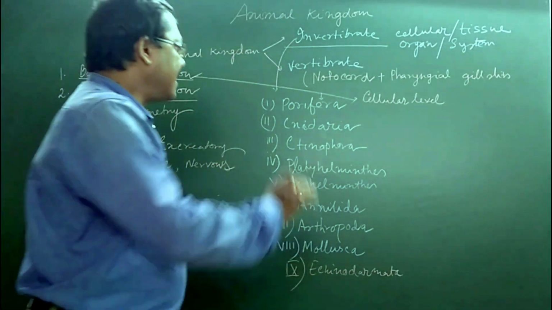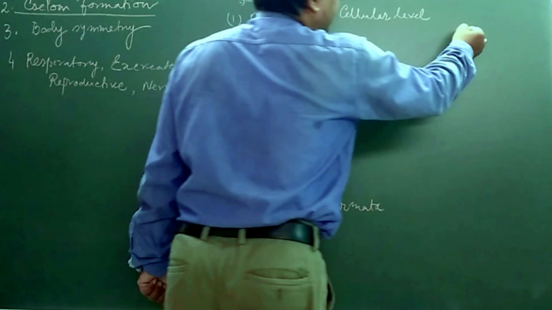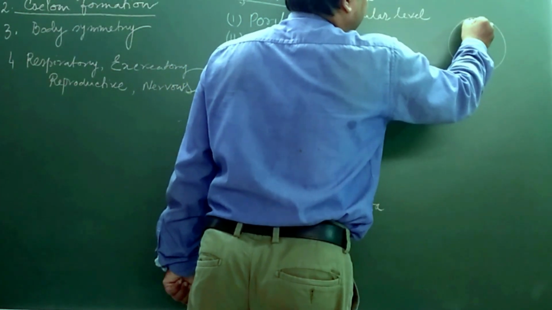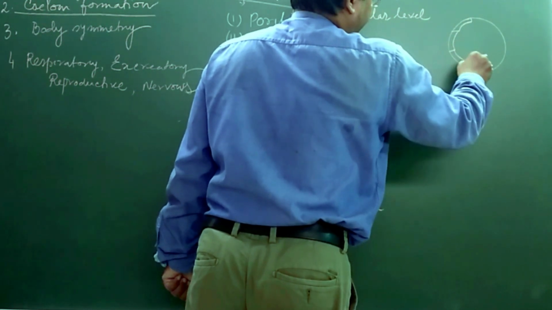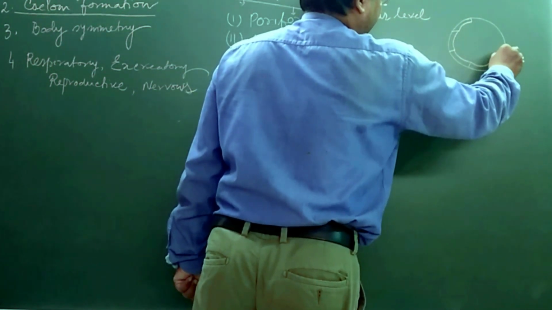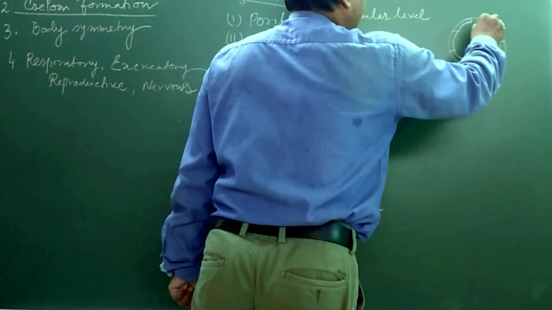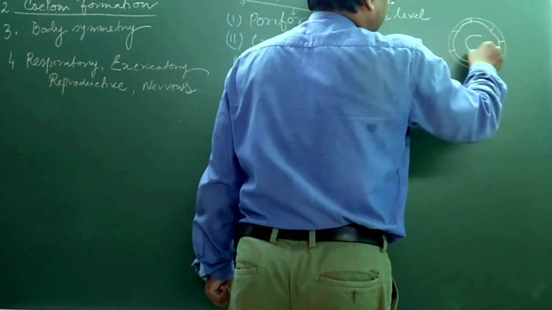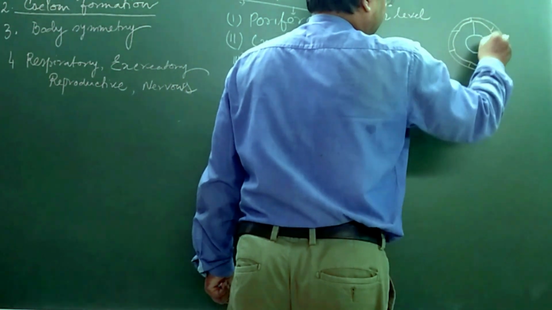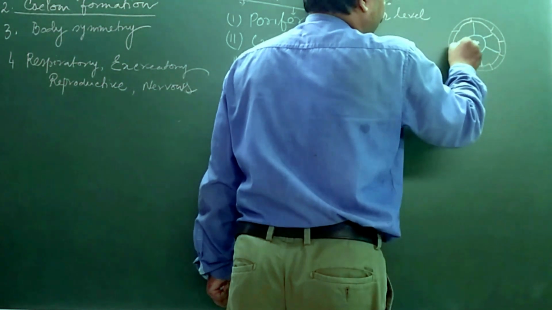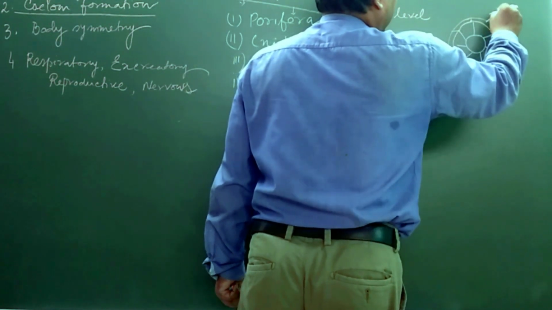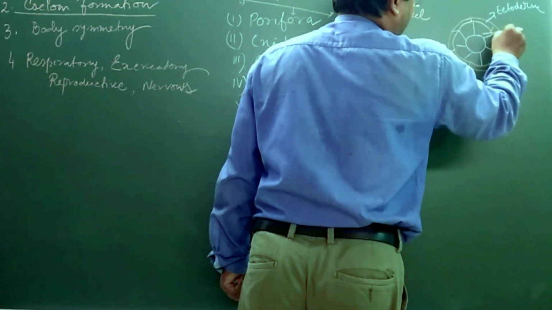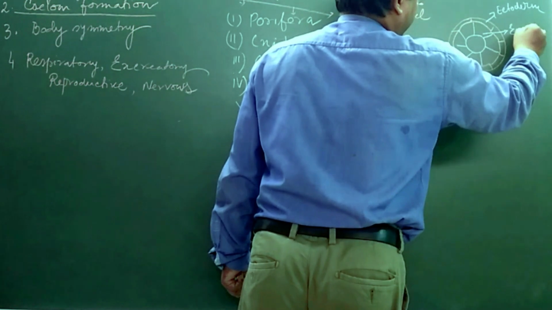Then cells are organized. Suppose two layers of cells develop: the outer layer of cells is called ectoderm and the inner layer is called endoderm.